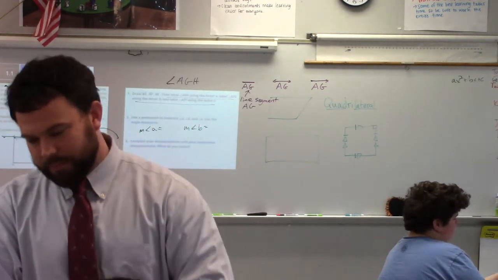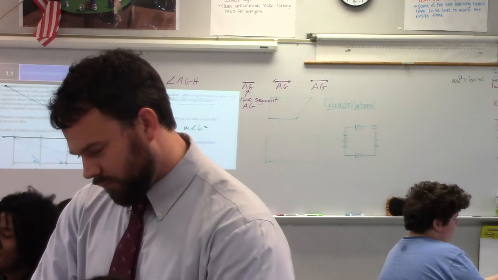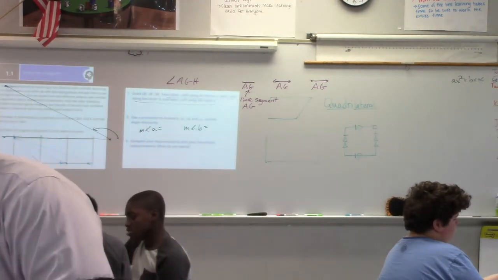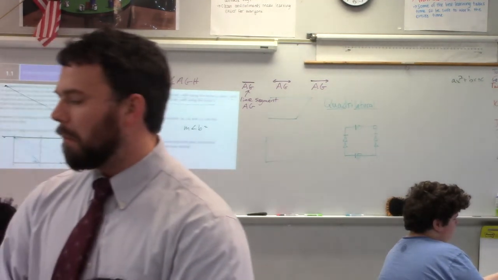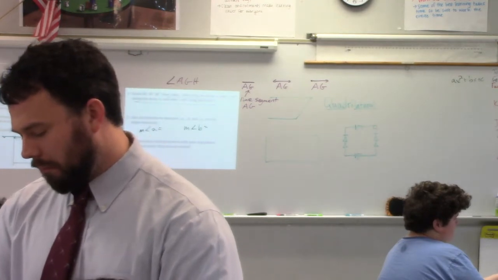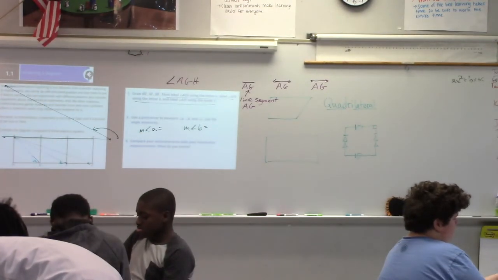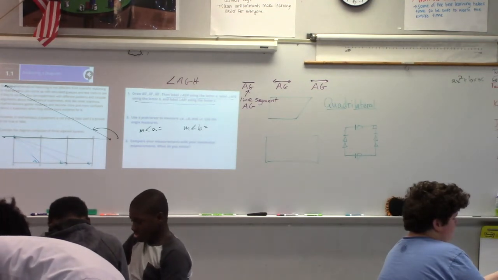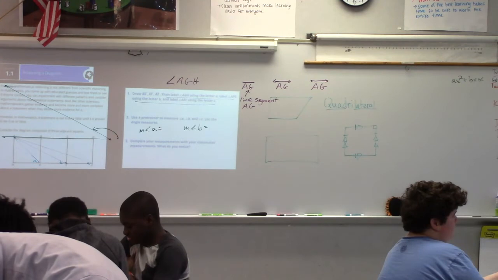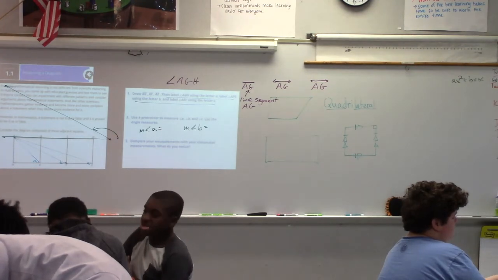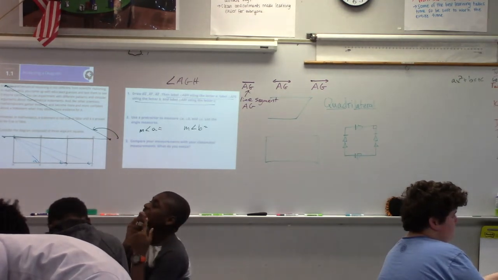Alright, yes ma'am. Yeah, I got 26 for B and 19 for C. She got 19 for C and 27. We need to be careful and check those. So if I look right here, let's be careful. We need to make sure that's on 0, and then when I extend this out, see how it's like here?